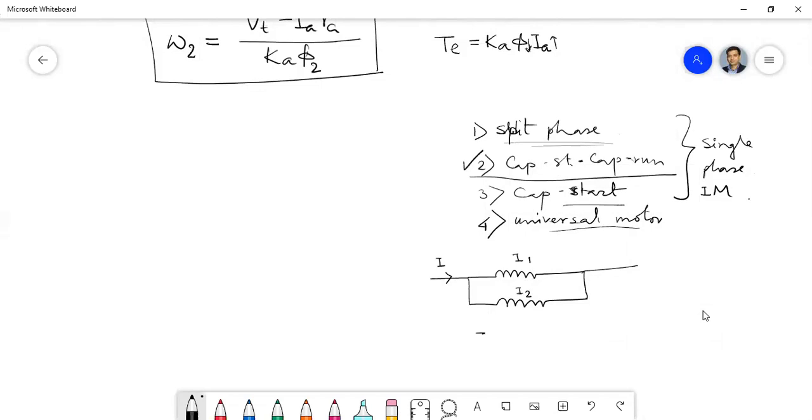So I1 plus I2 equals I. Now if we have an inductive circuit in I1 and a completely resistive circuit in I2, what will the split be like?